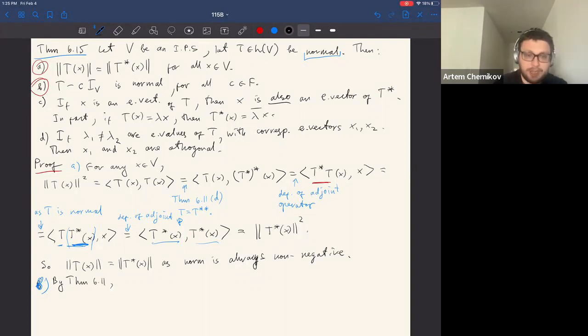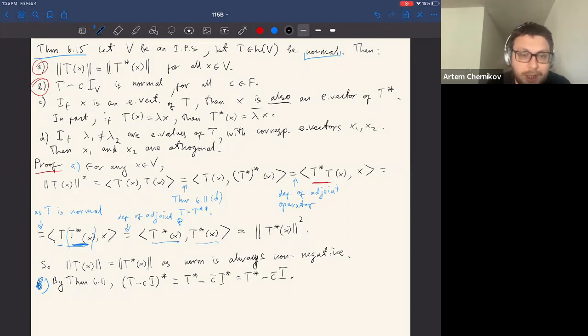So by the theorem, if we look at (T minus CI) adjoint, this is the same as T adjoint minus the complex conjugate of C times I adjoint, but the adjoint of the identity operator is again the identity operator. So this is simply T star minus C bar I.